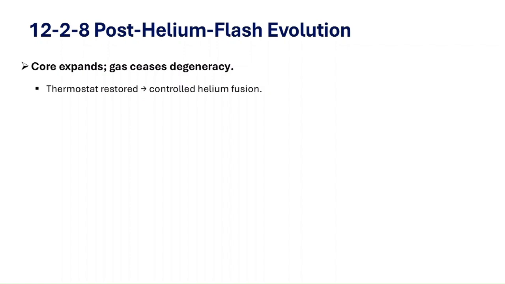Now the star can control helium fusion in the core. So fusion no longer runs away uncontrollably. It proceeds at a steady rate. And this is important because the helium fusion produces carbon and oxygen, which will accumulate in the core over time.